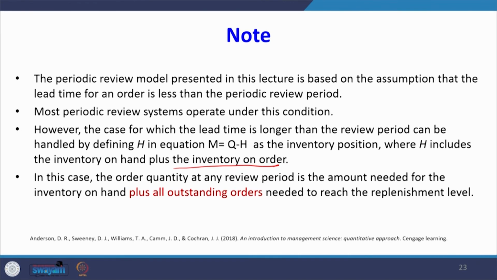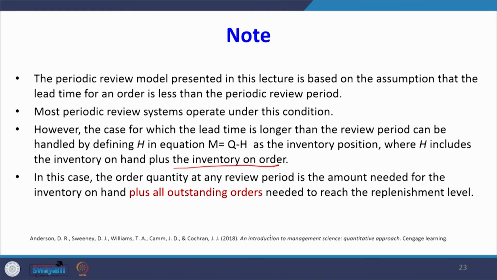So, the meaning of H differs when the lead time is longer than our review period. Here H is inventory on hand plus inventory on order, that is some order yet to receive. So, in this case, the order quantity at any review period is the amount needed for inventory on hand plus all outstanding orders needed to reach the replenishment level. This point you should remember.